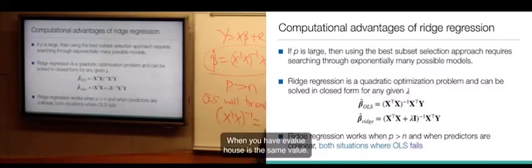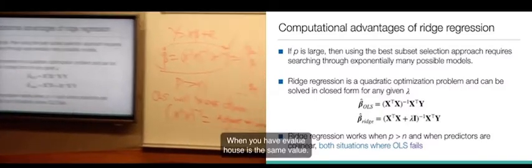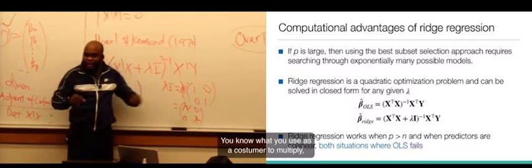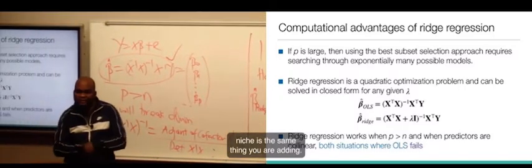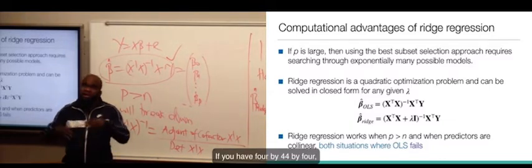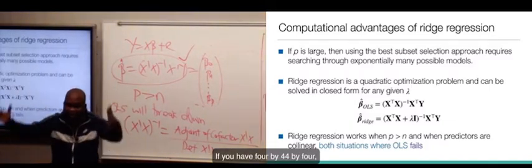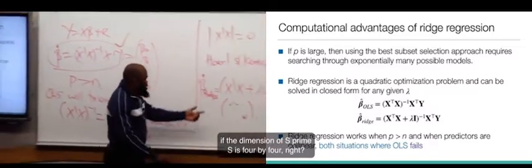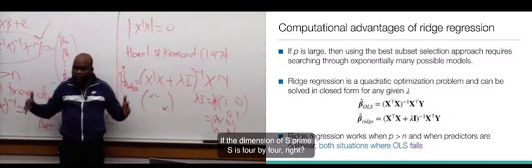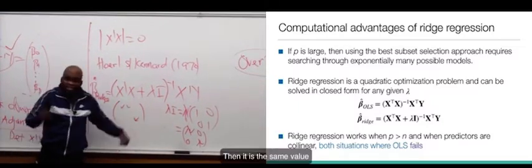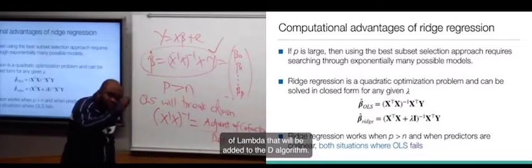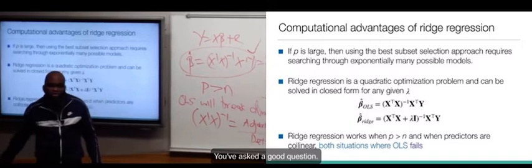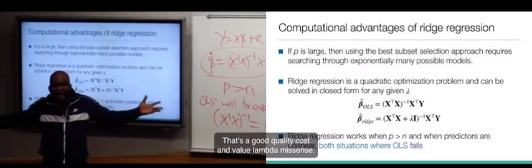When you use a constant to multiply the identity matrix, it's the same value you are adding. If you have 4 by 4, if the dimension of X prime X is 4 by 4, then it is the same value of lambda that will be added to the diagonal. You've asked a good question. That's why we call it a constant value, lambda. Does that make sense?